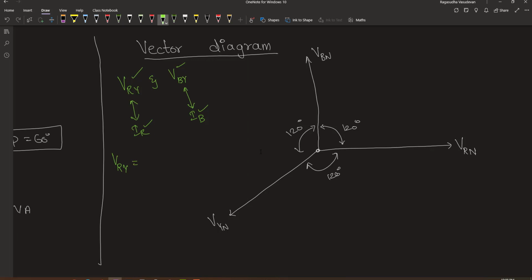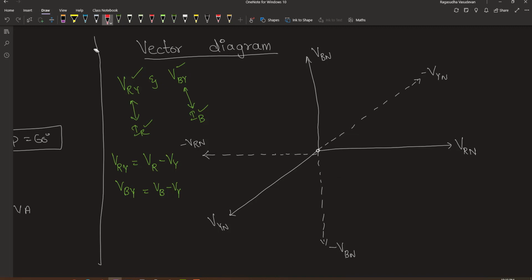VRY is equal to the phase voltage of R minus the phase voltage of Y. Similarly, VBY will be the phase voltage of B minus the phase voltage of Y. This is the negative of VB, which is minus VBN, and this is the negative of the phase voltage VR, which is minus VRN, and this is the negative of the phase voltage minus VYN.